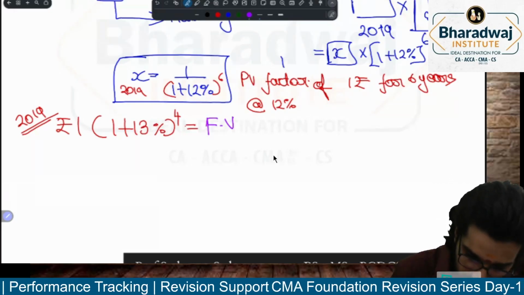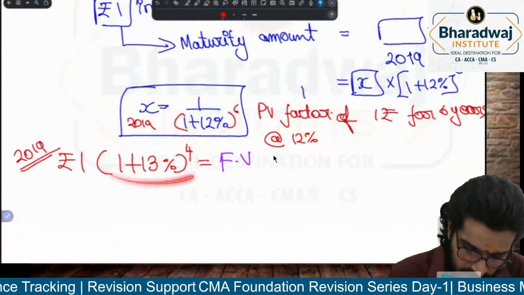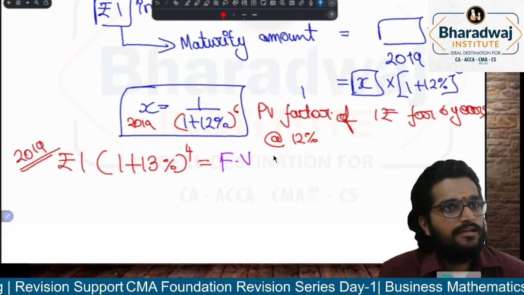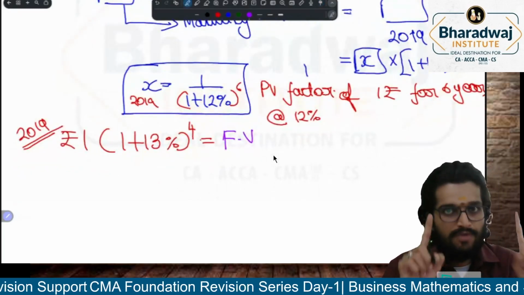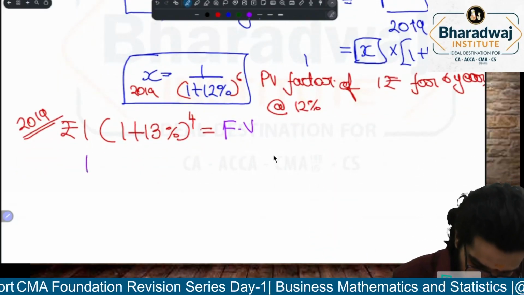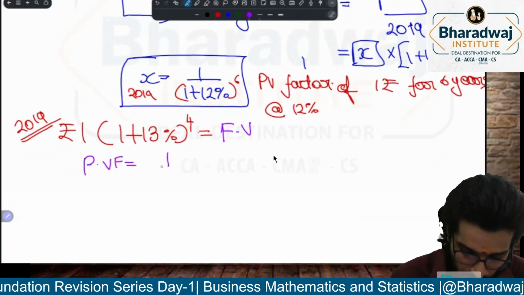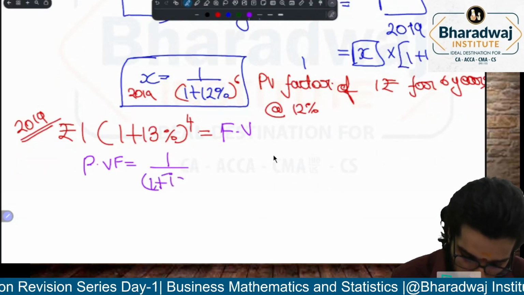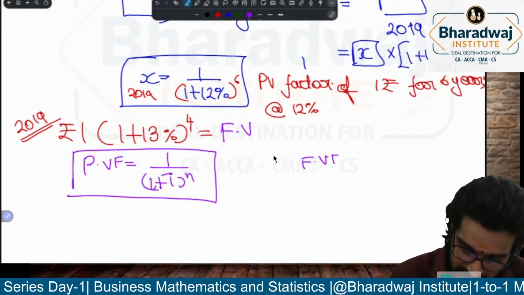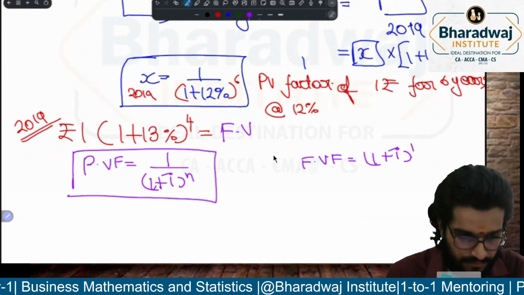So this is the future value factor, and the other is the present value factor. So it's one formula, two different perceptions. Present value factor is equal to 1 divided by (1 plus i) the whole power n. Similarly, future value factor is equal to (1 plus i) the whole power n. Right?